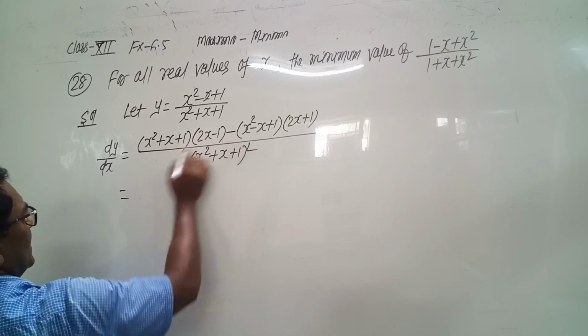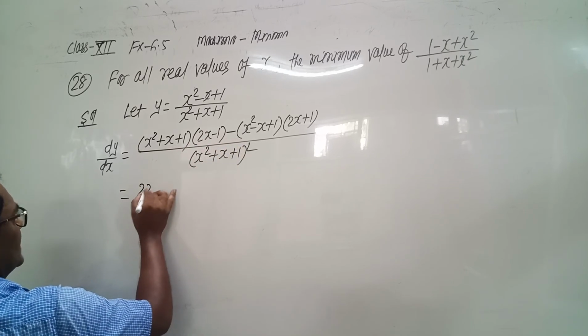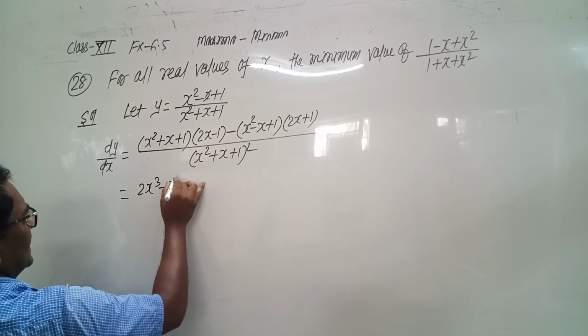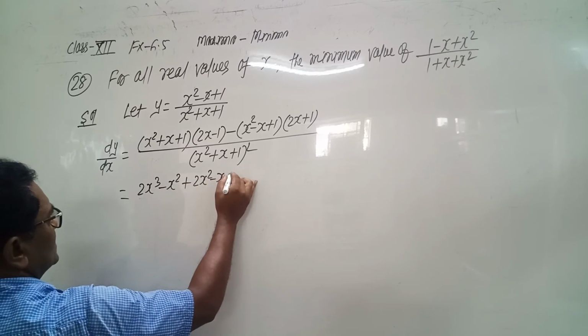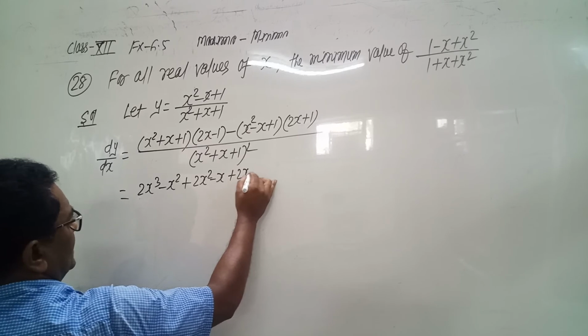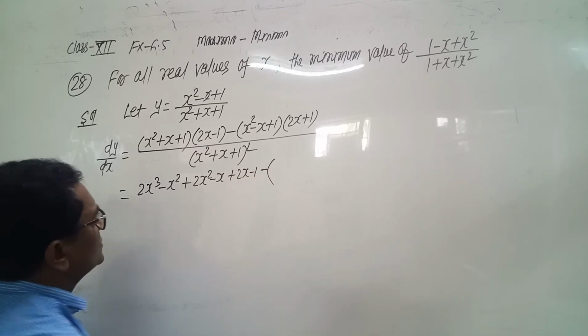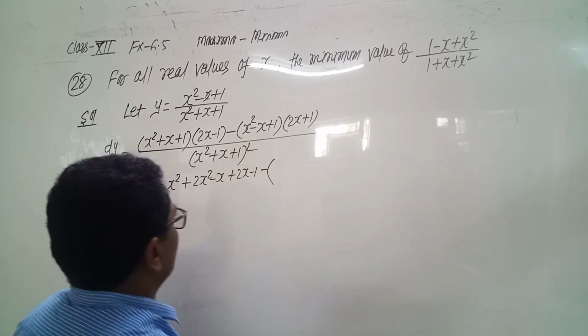So x square multiplied by both the terms: 2x cube minus x square plus 2x square minus x plus 2x minus 1, minus, remove this bracket.